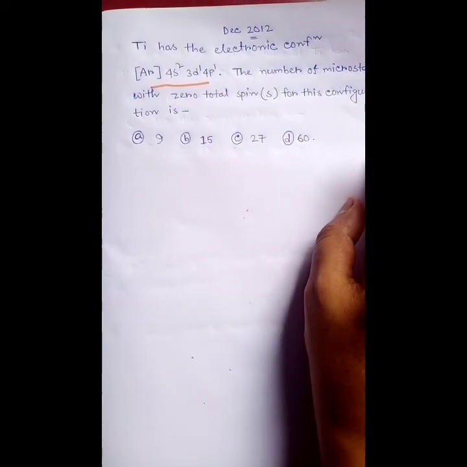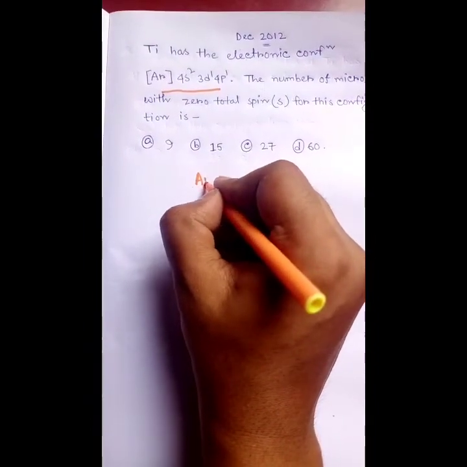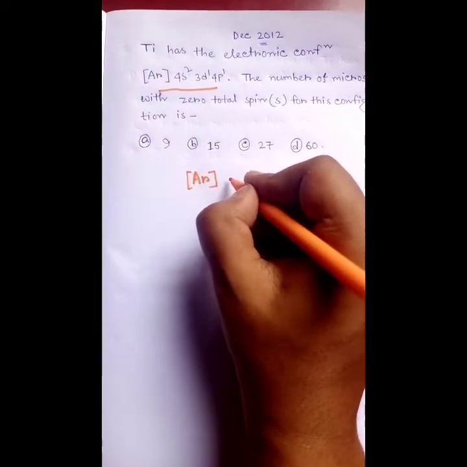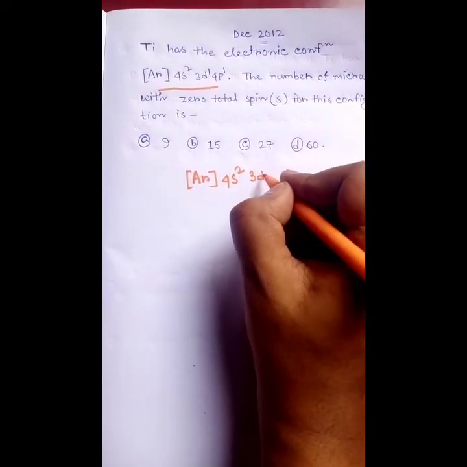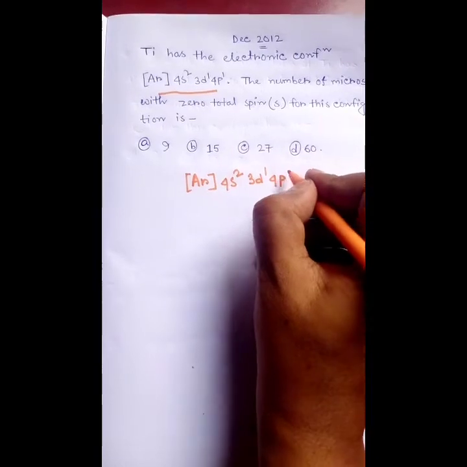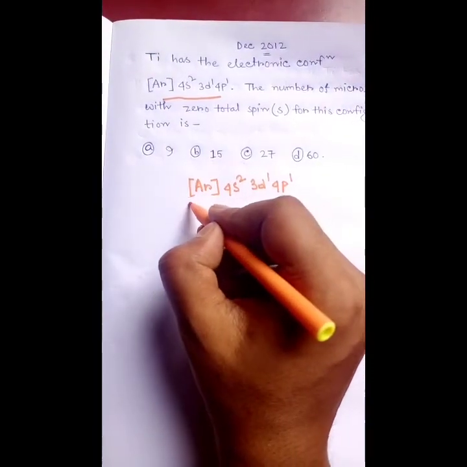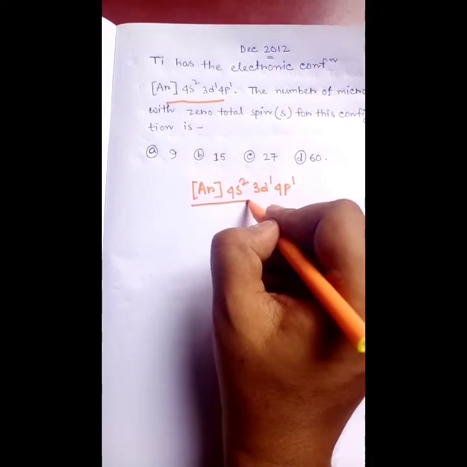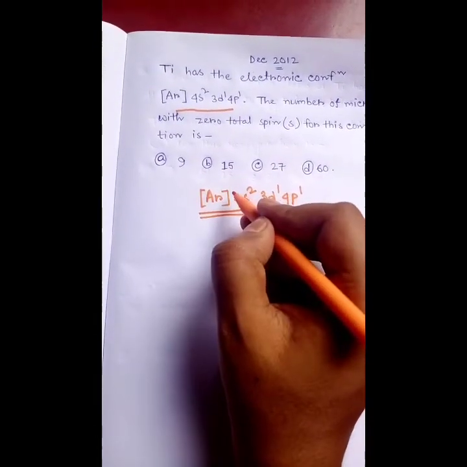So to tackle this kind of question, first what you have to note down is the electronic configuration that they have given. So I am writing this electronic configuration. You need not worry about this part because it is already filled.